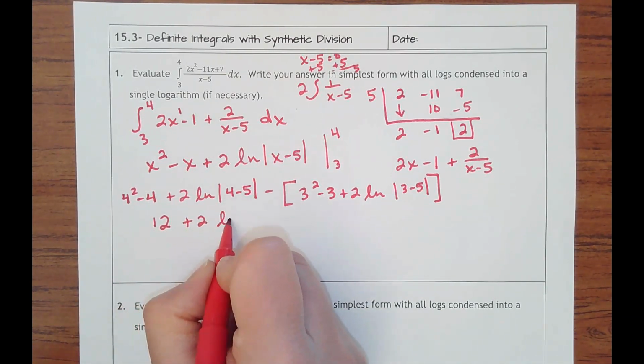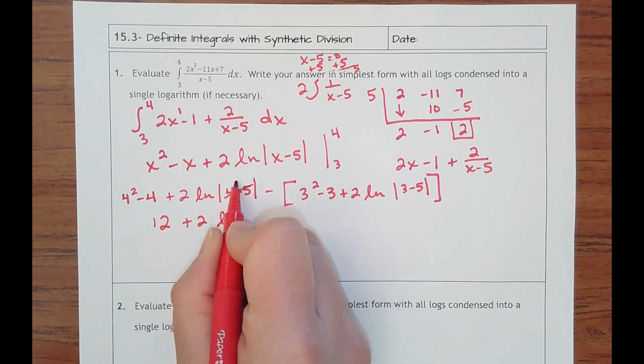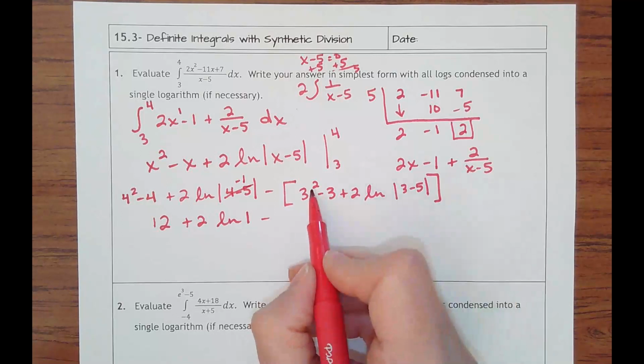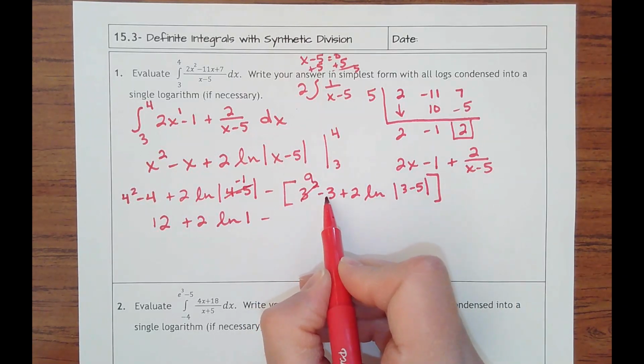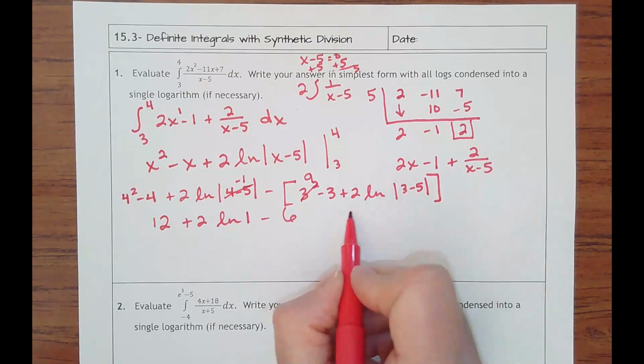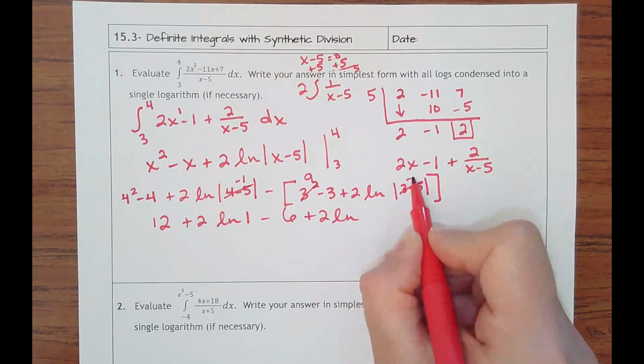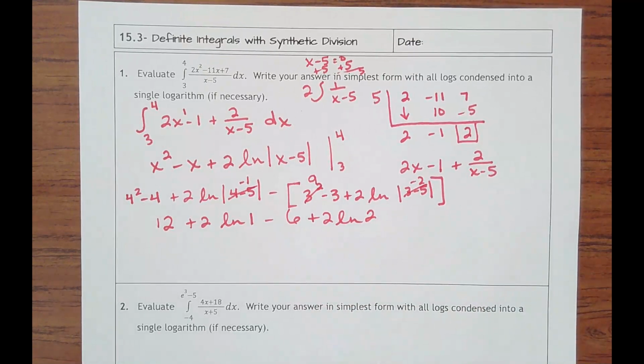Plus 2 times natural log, 4 minus 5 is -1, so it's really natural log of 1. Minus, I've got 9 minus 3 is 6. Plus 2 natural log, that's a -2, but it would become 2.